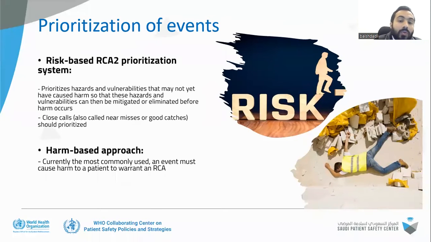By doing a risk-based RCA prioritizing system, we can find the safety gap and try to mitigate or eliminate that safety gap before harm occurs. The second approach, which is the most commonly used one, is a harm-based approach. The event must cause harm to the patient to warrant an RCA.